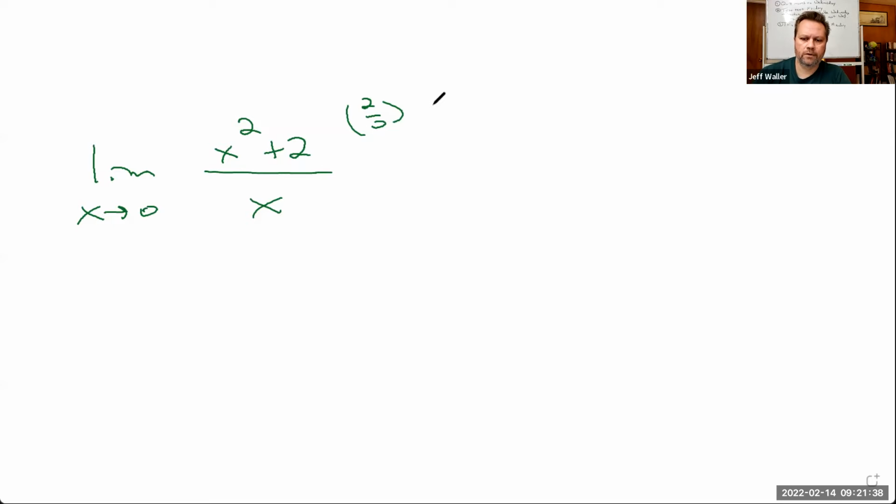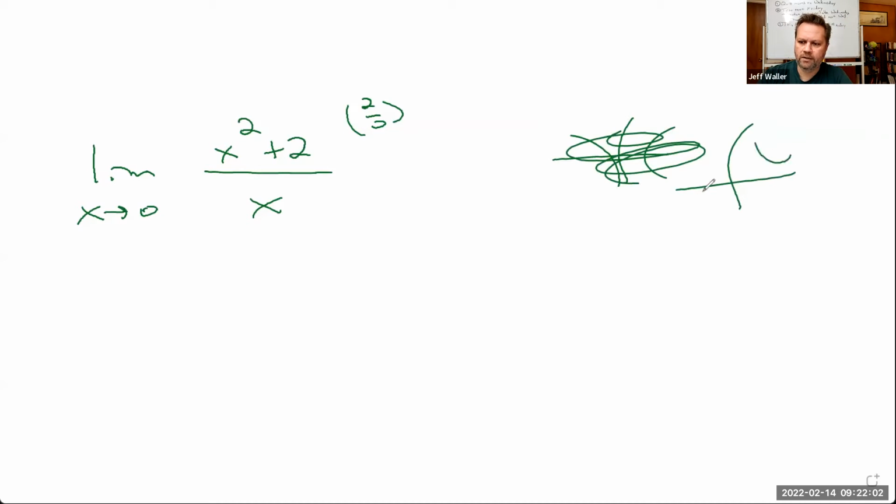So what happens when I put stuff in that's less than 0? Isn't this negative? And the top is positive? So that would be negative infinity. What if I put stuff in above 0? Wouldn't they both be positive? So that would be positive. So it's doing the same kind of thing as this.